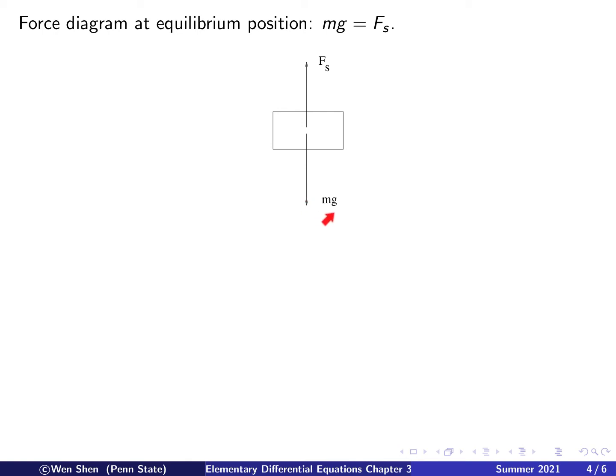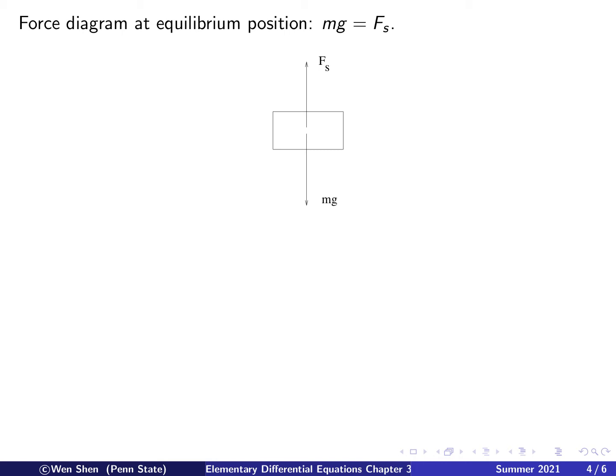And this force is m times g, where g is the gravitational constant. And then there is a force from the spring because it's stretched and the spring is pulling it upwards. We call it capital F sub s to say that's the force from the spring. In this case, if it's stretched, the force goes upward.